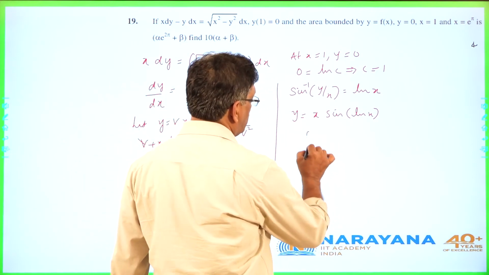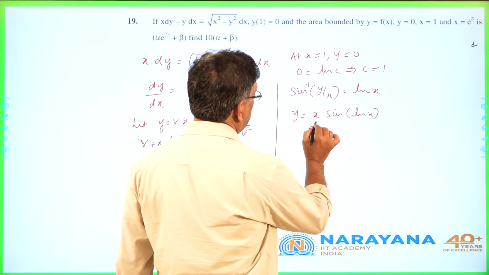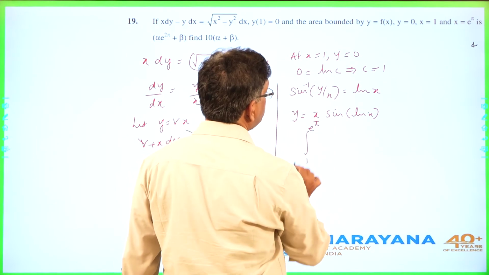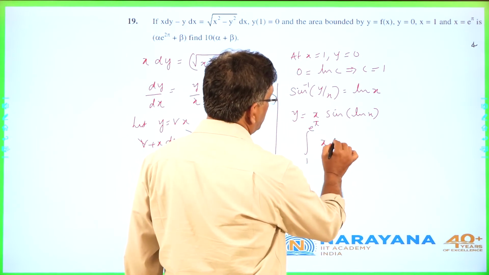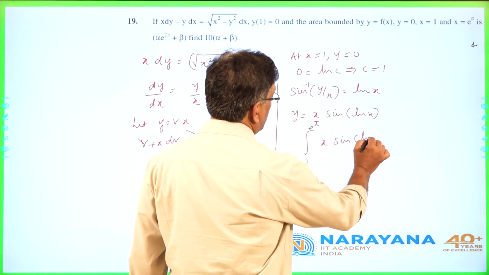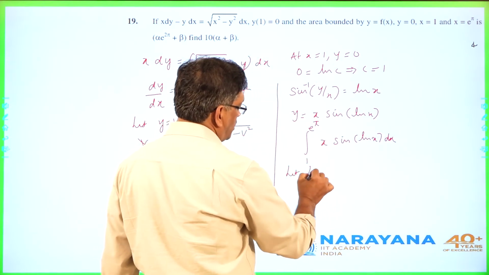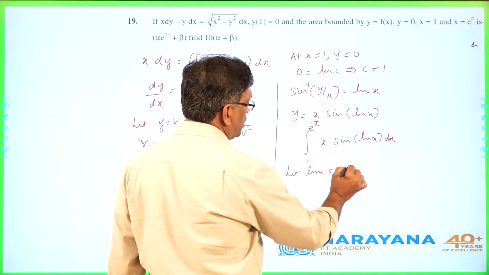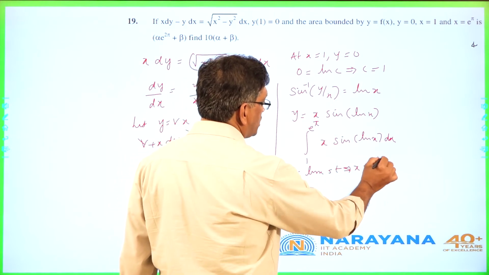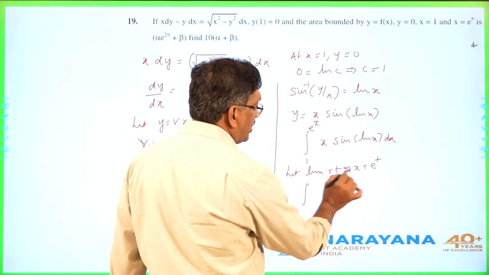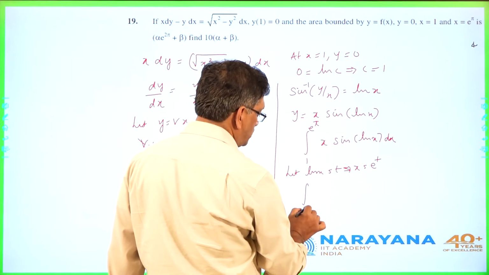Since he has given the limits 1 to e power pi, the area is the integral of x into sin log x dx. Let us take log x is equal to t. So x is e power t. When x is 1, t is 0.